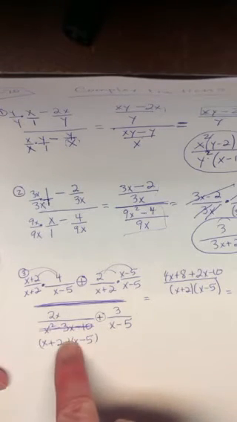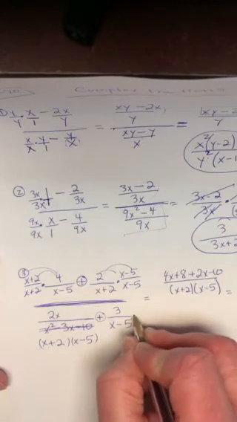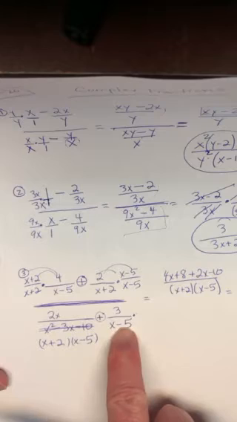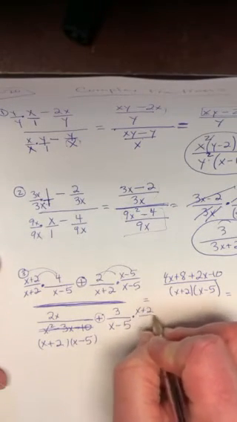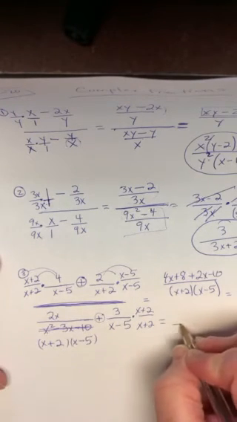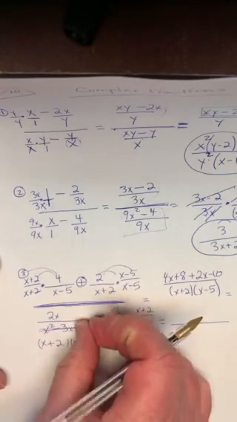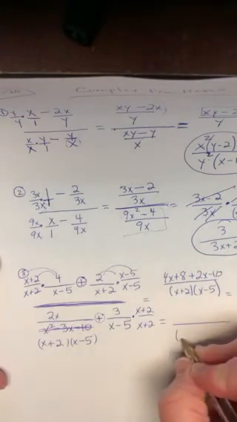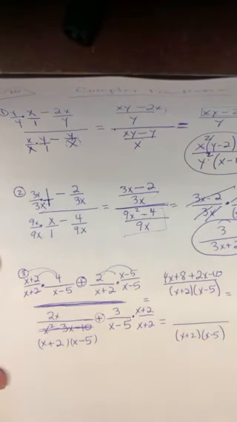So when you compare that to the other denominator, the other denominator needs to be multiplied by what? X plus 2, agreed? X plus 2 over x plus 2. So this fraction, guess what? When I add all that together, has a common denominator also of x plus 2 and x minus 5.